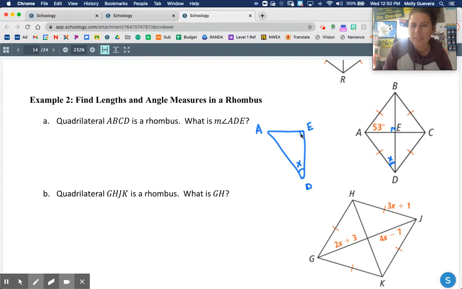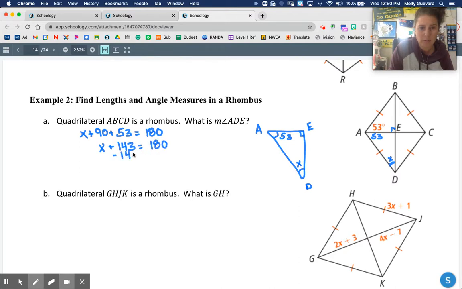Remember, this is what I'm trying to find. I know that this is 90, and remember that the diagonals of a rhombus split the angles in half. So this means that this angle is also 53. So right here, this is 53. And I know that the three angles of a triangle add to 180, so X plus 90 plus 53 equals 180, right? 90 plus 53 is 143 equals 180.